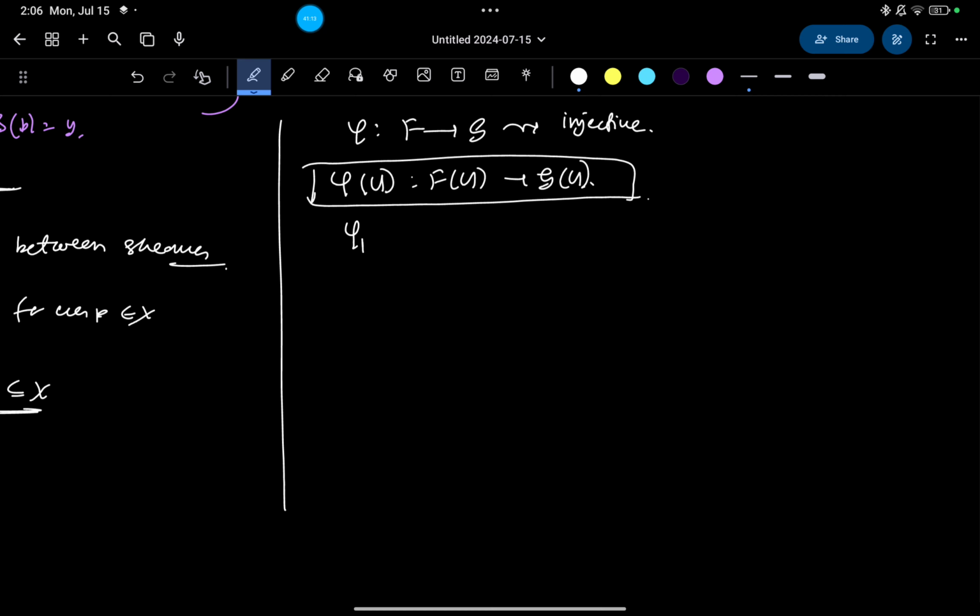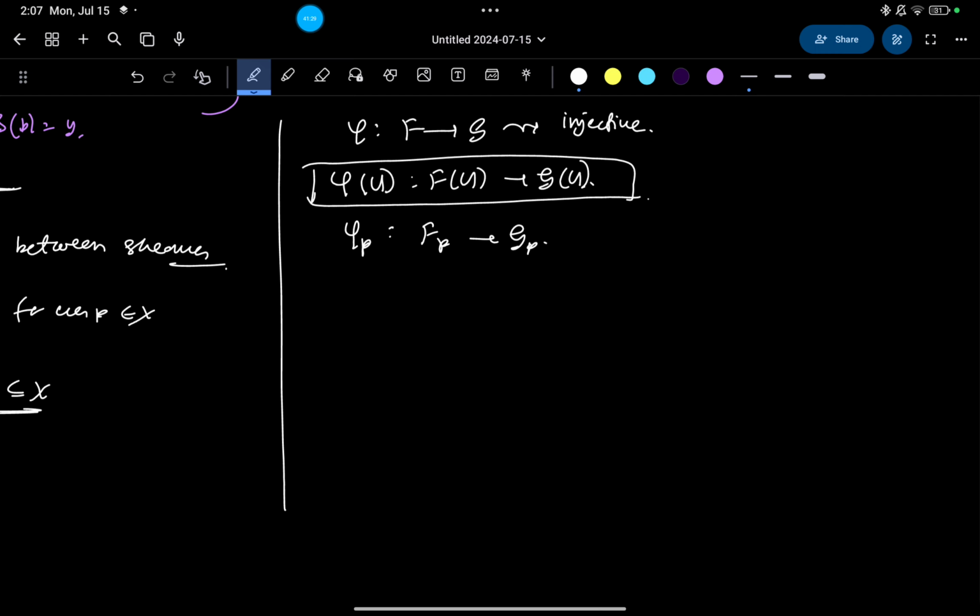Now phi is injective. So first, what can we define? Phi p from Fp to Gp. Now, phi is injective means what? Let's go step by step.